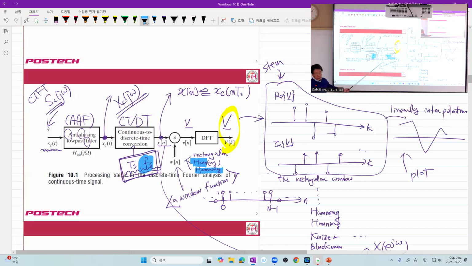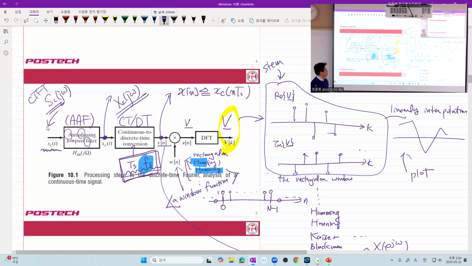Anyway, there should be a lot of other possible window functions. So depending on your choice of window function, your output may vary. Please keep in mind, this choice is all up to you. And unfortunately, which window is proper really depends on your specific use.